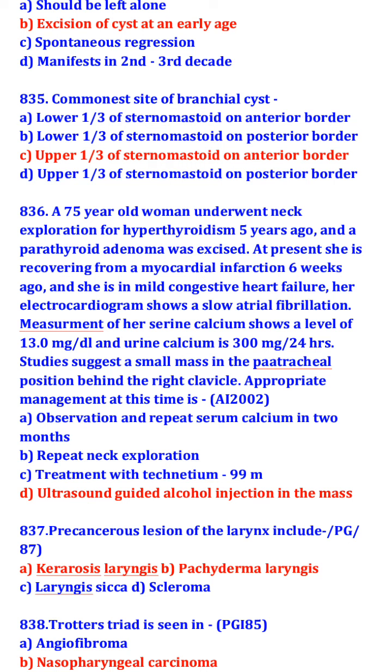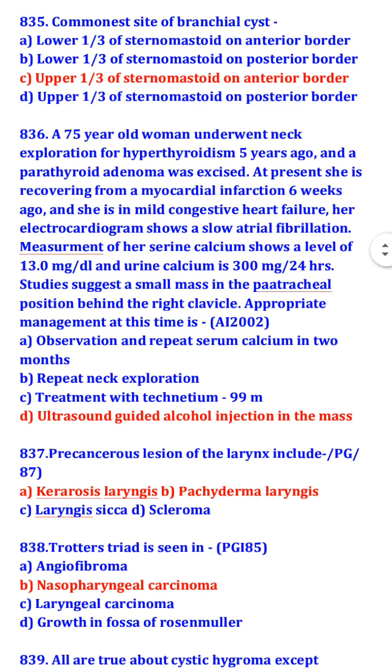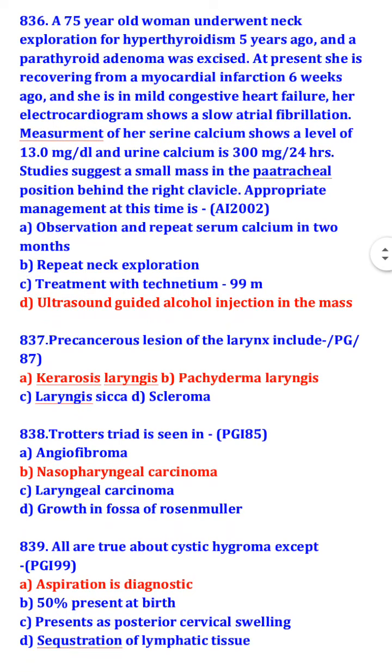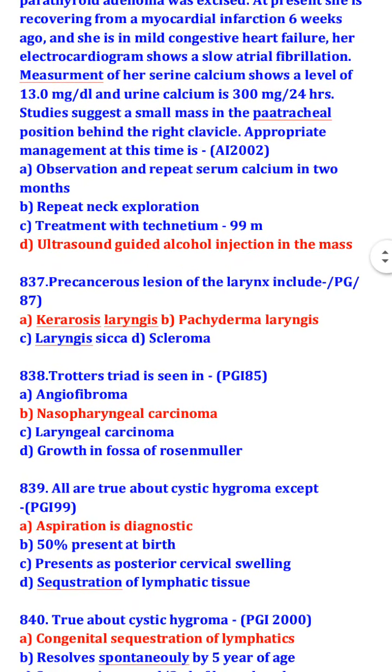Measurement of her serum calcium shows a level of 13.0 milligram per deciliter and urine calcium is 300 milligram per 24 hours. Studies suggest a small mass in the paratracheal position behind the right clavicle. Appropriate management at this time is ultrasound guided alcohol injection in the mass.